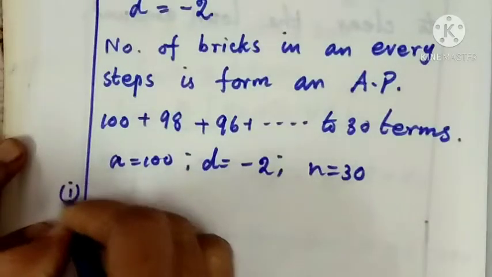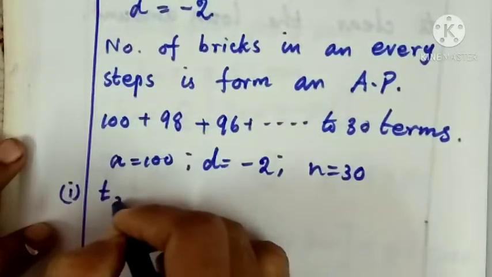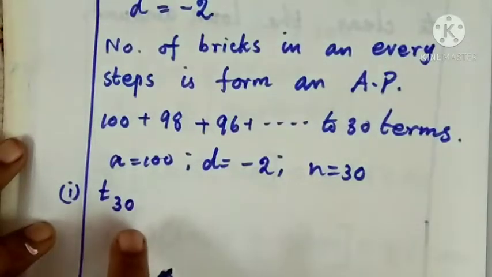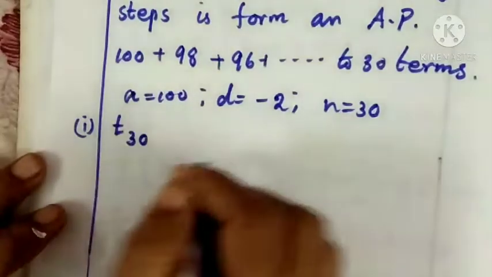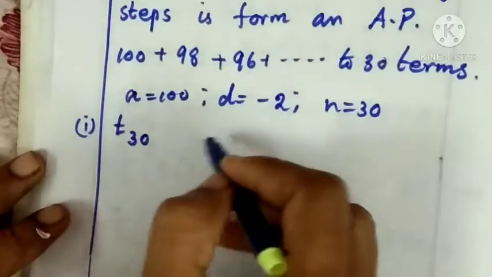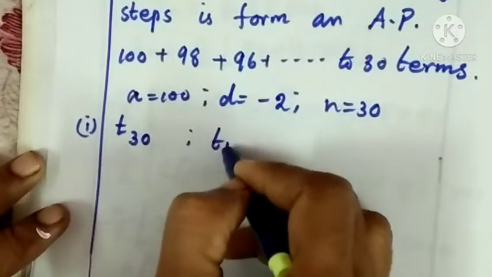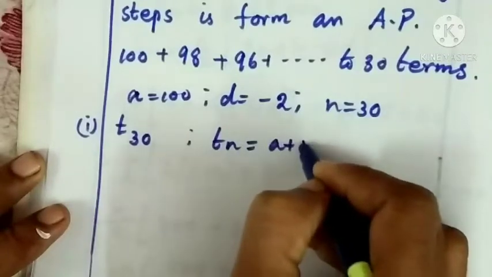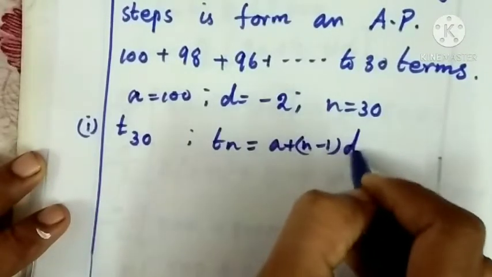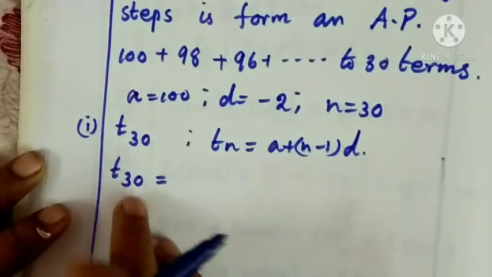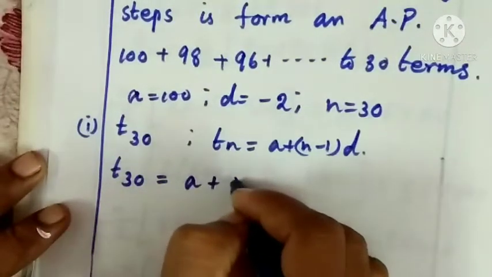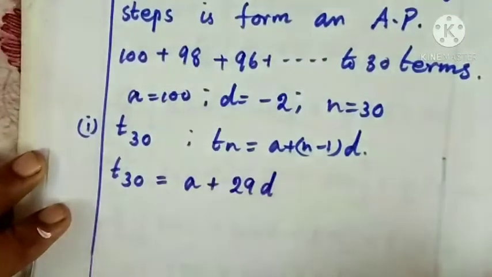In the first subdivision, we need to find the value of T30, that is the number of bricks in the topmost step. Which formula do you have to apply? Yes, Tn is equal to a plus n minus 1 into d. Therefore, the general form of T30 is a plus 29d.